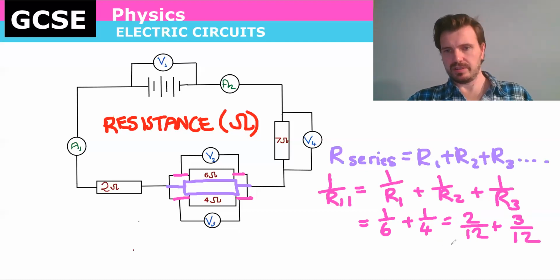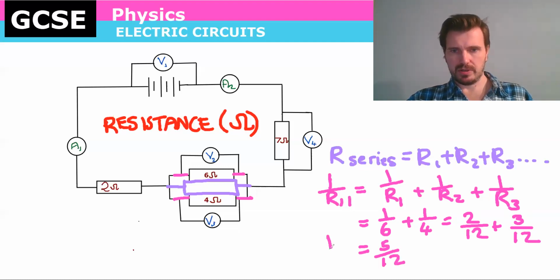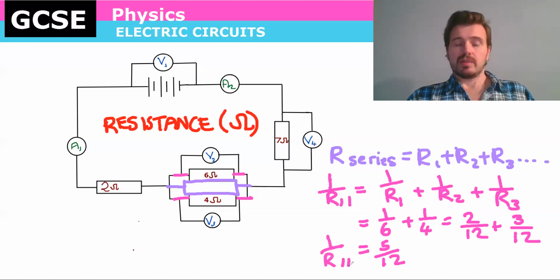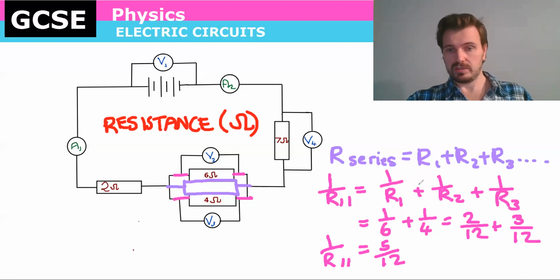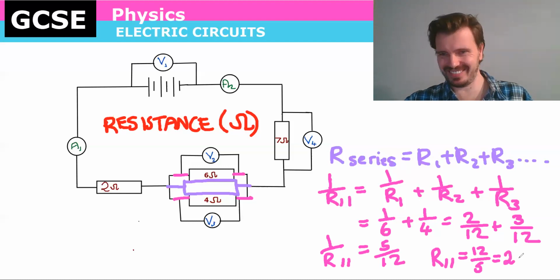So that equals 5 over 12. Now that's 1 over R parallel. We mustn't forget, we need to flip that around. So to get R parallel, I flip it around and it becomes 12 over 5, which is 2.4 ohms.